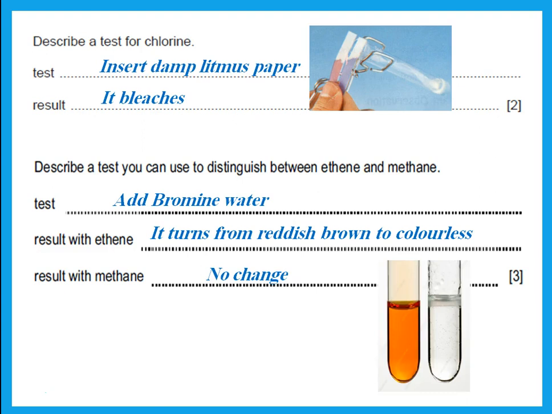The original color of bromine water is reddish brown, or we refer to it as orange. But when we add it to an alkene, ethene, propene, butene, anything that has ene at the end, the reddish brown color becomes colorless. If you add it to anything else, for example methane, there is no change.